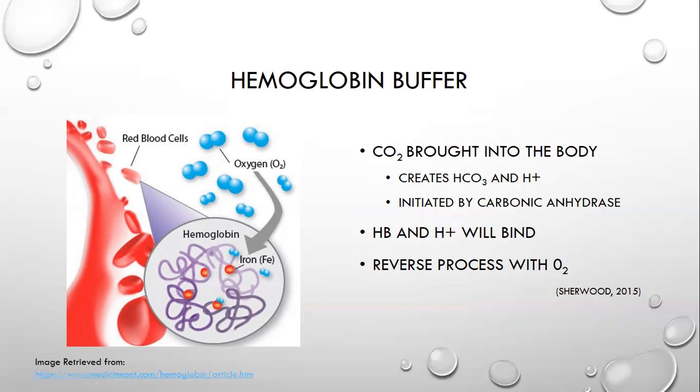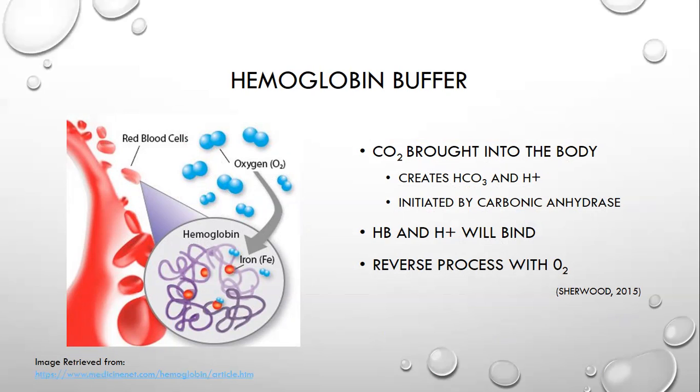So this will create HCO3 and H plus, those hydrogen ions, when the enzyme carbonic anhydrase initiates this reaction. So it's going to speed that up, but hemoglobin will reduce most of the hydrogen ions by binding them to it. It will then carry it away so that there's no longer effects on the body fluid.